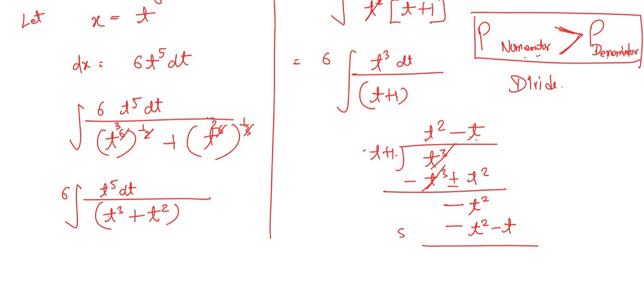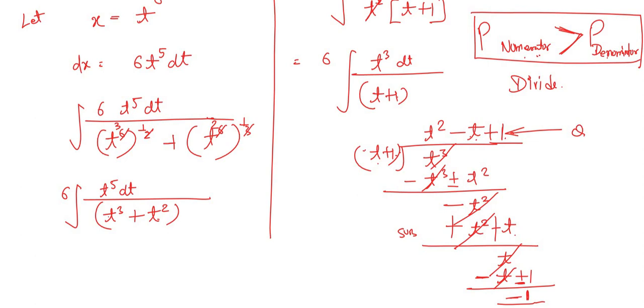Fine, and then subtract. Subtraction means this will be plus and plus. This and this cancel, left over is t. Now what should we choose? I can choose plus 1. So this into this is t plus 1. Then subtract. Again t and t cancel and left over is 1. So this is my quotient and this is my remainder.